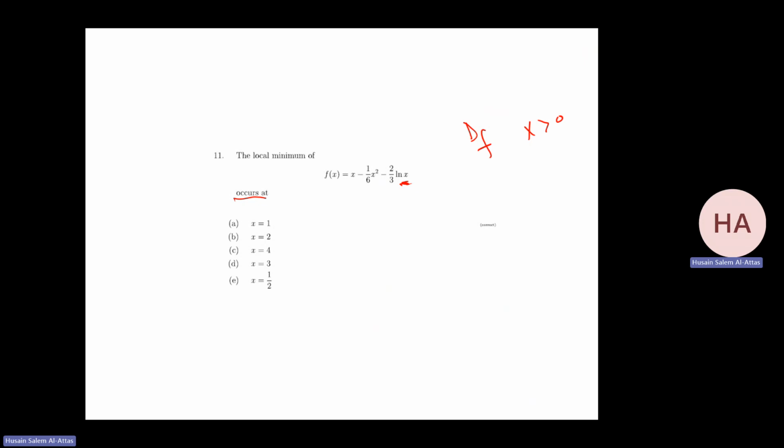Okay, so now we need to find f prime. F prime will be what? 1 minus 1 over 3x minus 2 over 3 times 1 over x. In other words, I have 1 minus x over 3 minus 2 over 3x. Make a common denominator, make this over 1. So you have 3x.